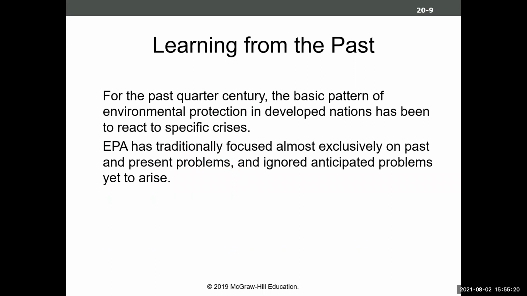And so for the past quarter century, the basic pattern of environmental protection has been to react to crisis. We focused primarily on past and present problems and really didn't anticipate problems, and didn't plan for problems and try to prevent those problems from happening.